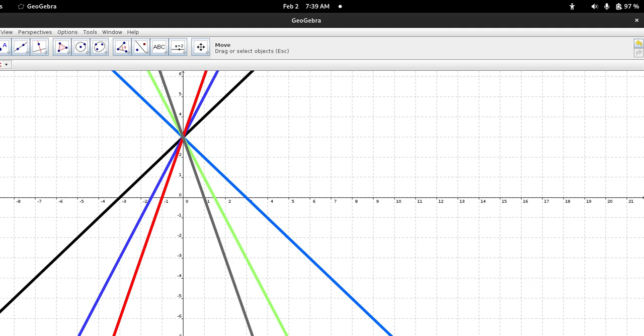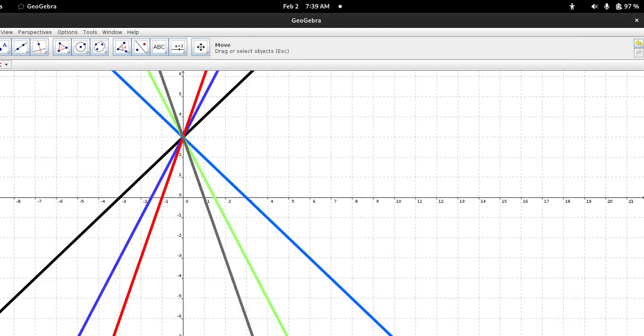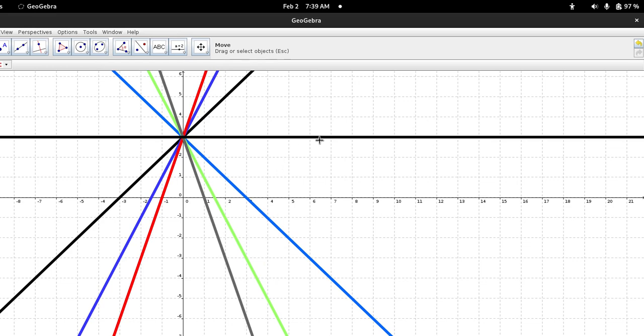Now, what was the thing there? The envelope. The envelope was y equals 3. So let's put in the envelope. y equals 3. This is the envelope of the family of curves. But as we said before, it's not a traditional envelope. It cuts these. It actually cuts through the curves.